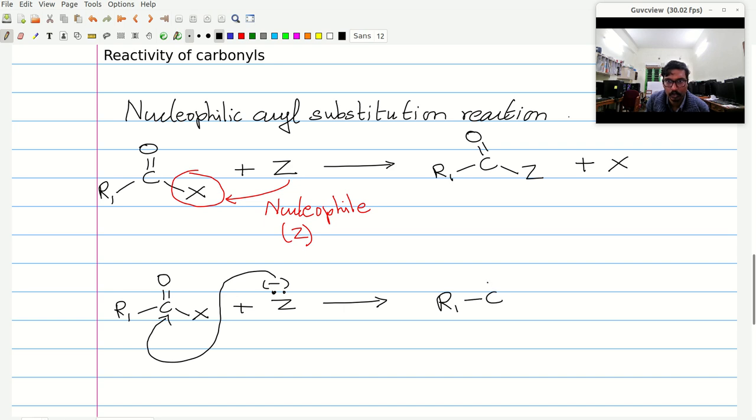So upon addition of this nucleophile, a tetrahedral intermediate is formed, and this is made possible because of the ability of the oxygen to bear a negative charge. So this is the first step of the reaction.